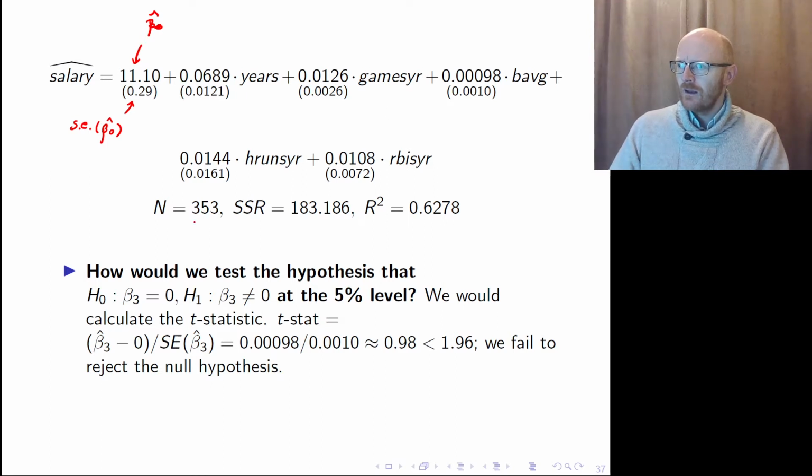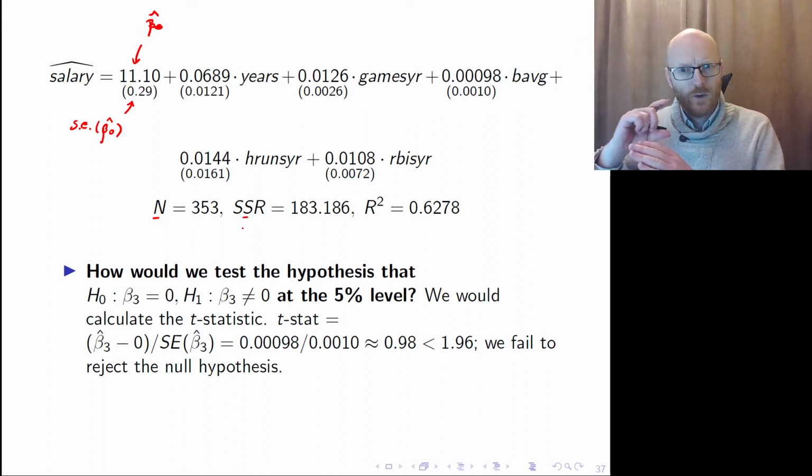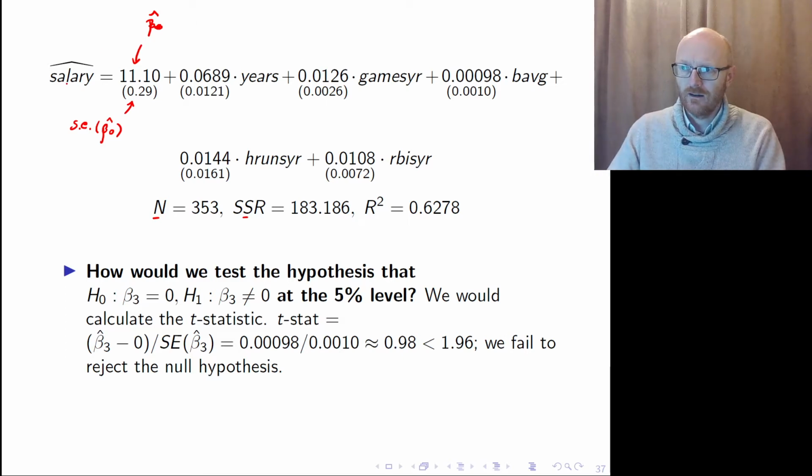So here n is our number of observations, and SSR is the sum of squared residuals. You're just squaring the residuals, the actual y value minus the fitted value, the salary hat, and you add up all the 353 residuals to get 183.